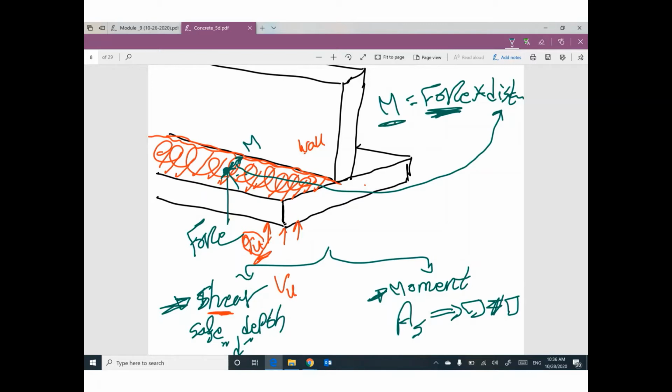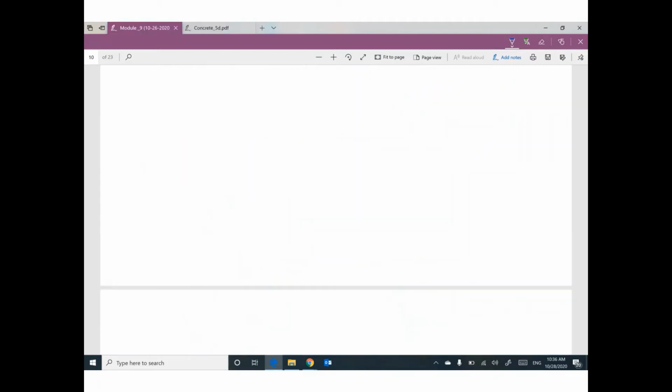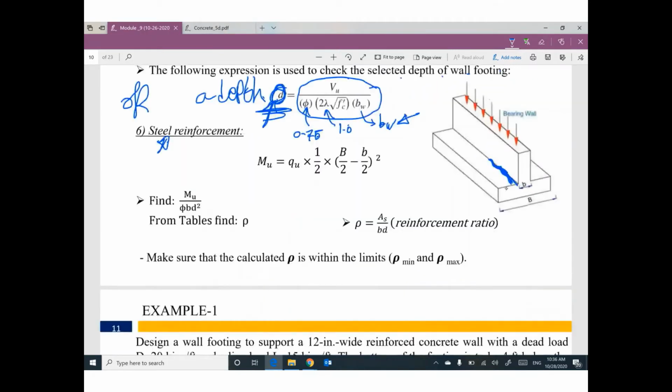Once you get the moment, I can get moment divided by phi, where phi here is 0.9, b d squared, and I can figure out the value of rho, and then I can figure out the value of area of steel, and make sure you check rho minimum and rho maximum for this steel reinforcement.